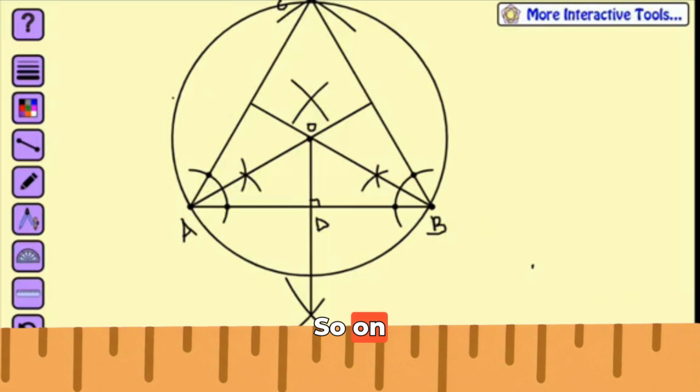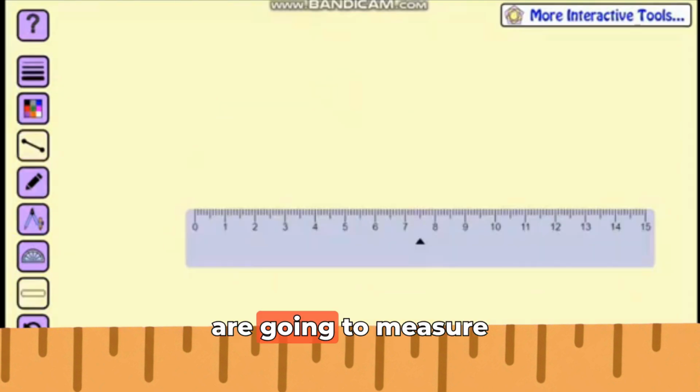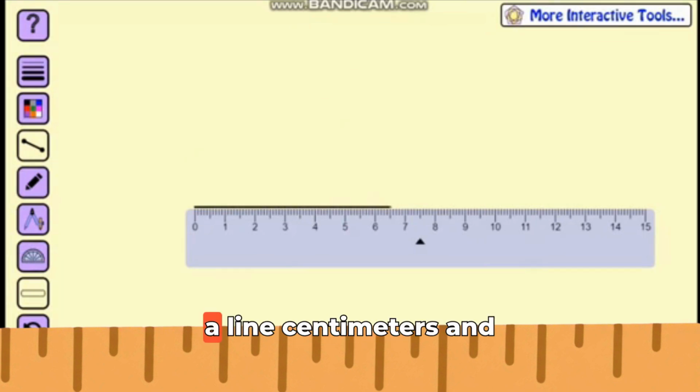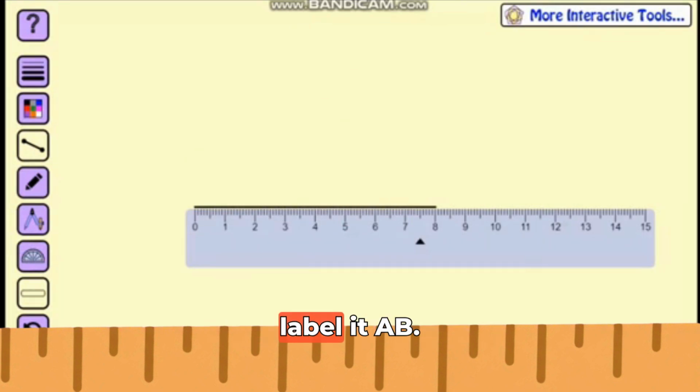On the plain paper, we are going to measure 8 centimeters, draw a line, and label it AB.